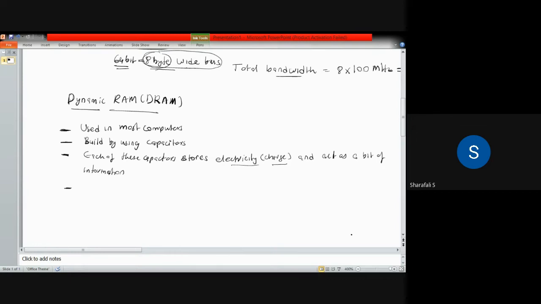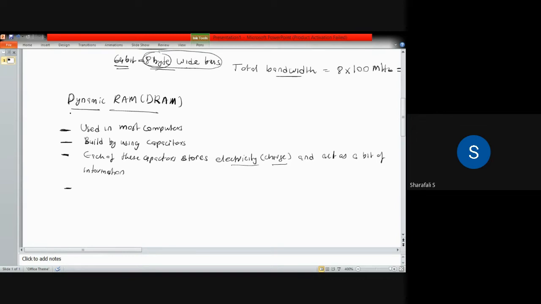It cannot store the data for the entire time. There will be some decay for these capacitors. Because of that decay, the electrical charge stored in this dynamic RAM will be continuously decreased, and we will lose the data. Okay, so in order to prevent that, we have to continuously recharge or refresh these capacitors to maintain the data in the memory location.